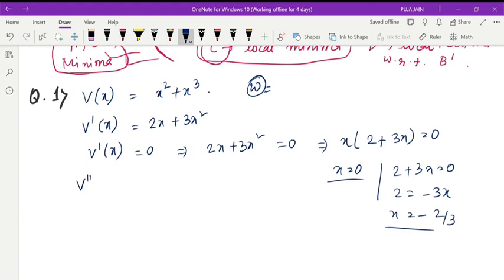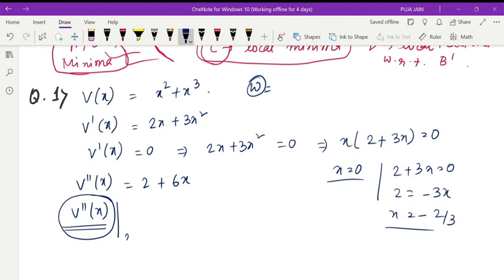Now we will do the second derivative. We will get 2 plus 6x. Now at these stationary points we will see the nature of the second derivative. At x equals 0, we are getting 2, that is a positive value.